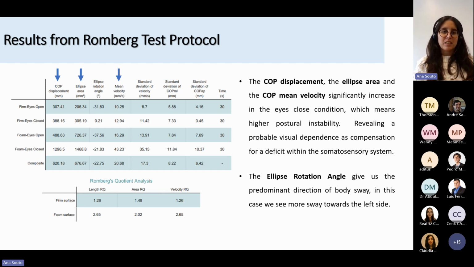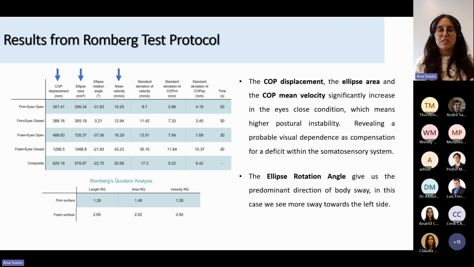What we can see is that these values all increased significantly when we move from the first condition to the second. So when we remove the vision, there is a significant increase in the center of pressure displacement, the ellipse area, and the mean velocity, which means that the patient became way more unstable when we removed the vision.